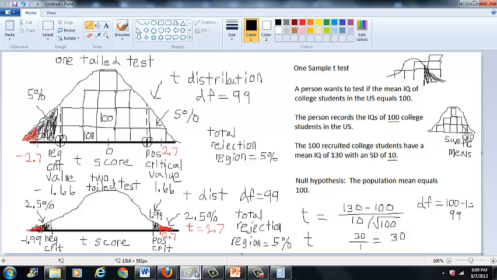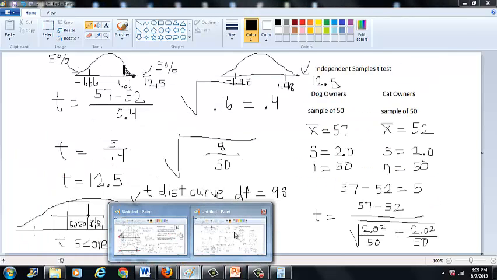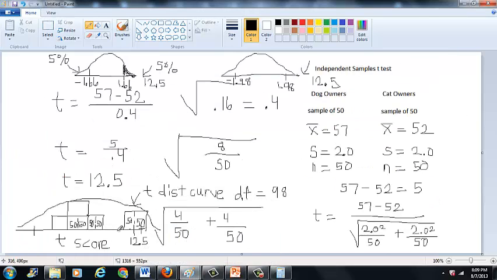It works the same way in an independent t-test. In a one-tailed test, the p-value would just be the percent beyond 12.5 up here, which is our t-score. It would be the percent at and beyond 12.5.